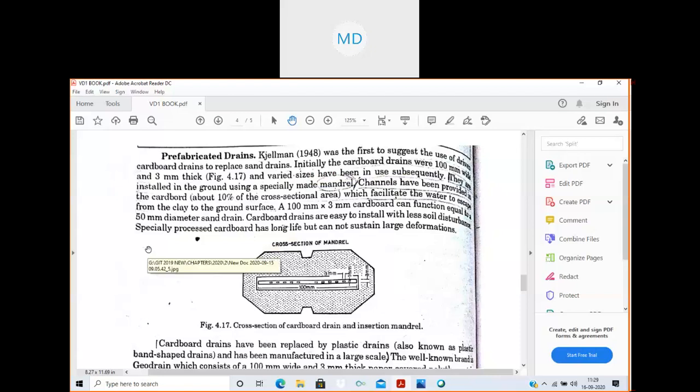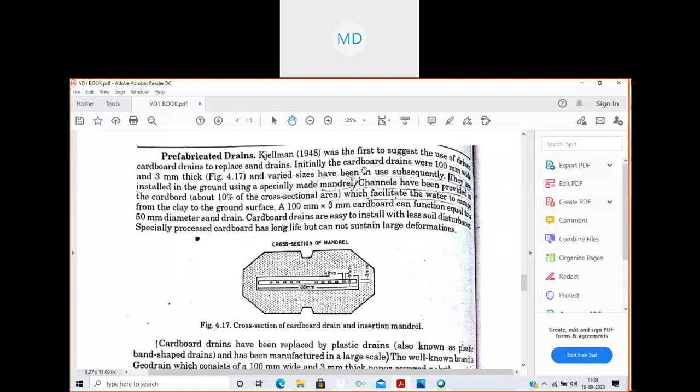The cardboard drain is inserted into the ground with the help of a mandrel. Pores, smaller than holes, were made in the cardboard drains, and it was inserted into the ground, and the pore water is allowed to squeeze out from the soil. So Kjellman was the first to suggest the use of driven cardboard drains to replace sand drains.